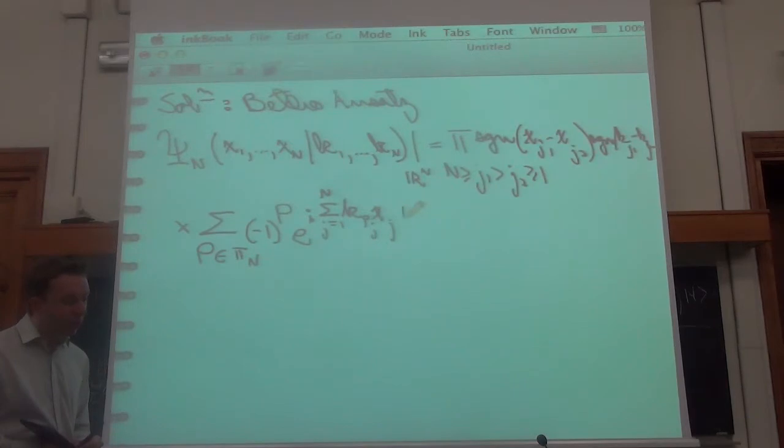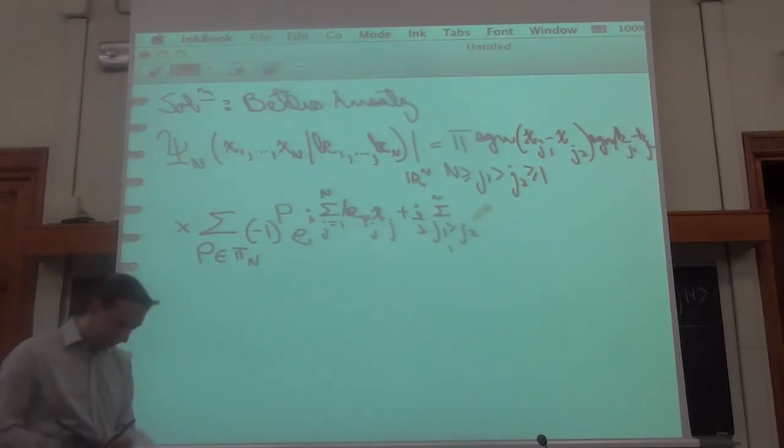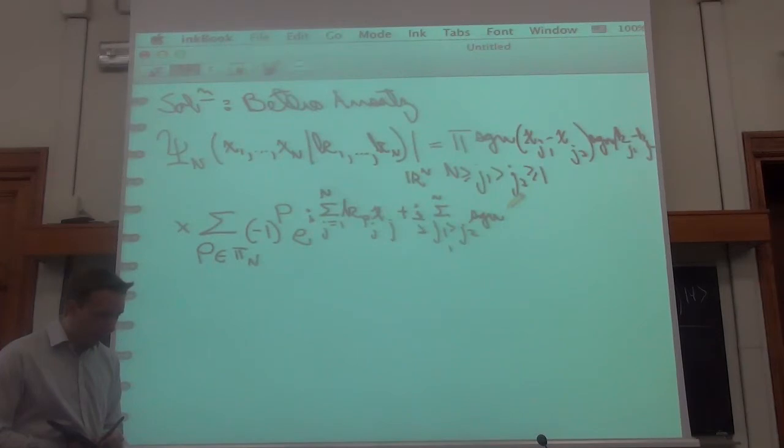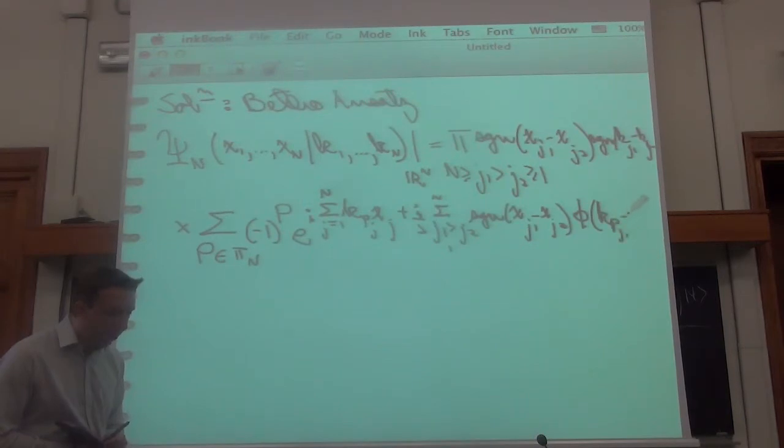But then there's this phase here, which is i over 2, again summation over j1 greater than j2 from 1 to n of sine of (x_{j1} − x_{j2}) times phi of (k_{pj1} − k_{pj2}).